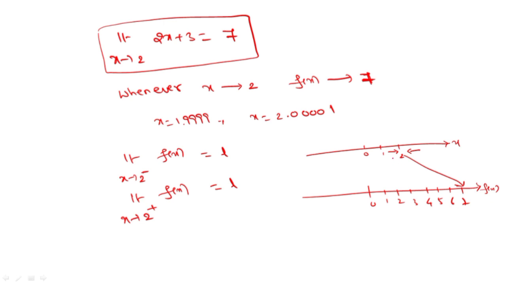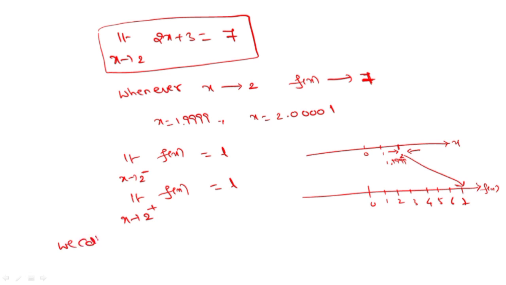When we take x value as 1.999 something, we call that the left side of a, that will be a minus. Similarly, if you take x value 2.000 something, that will be taken as the right side of a.